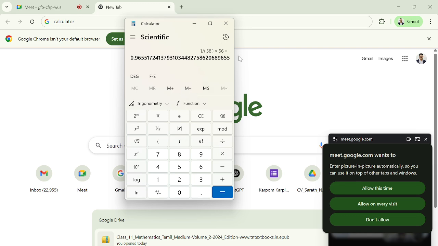So we are getting cos inverse of 0.9655. What is this cos inverse?